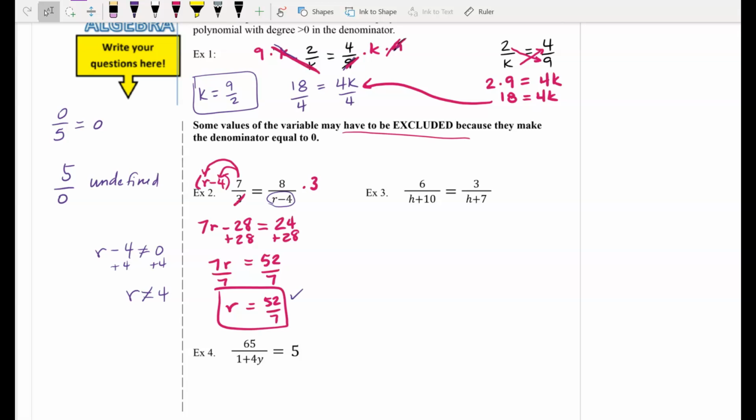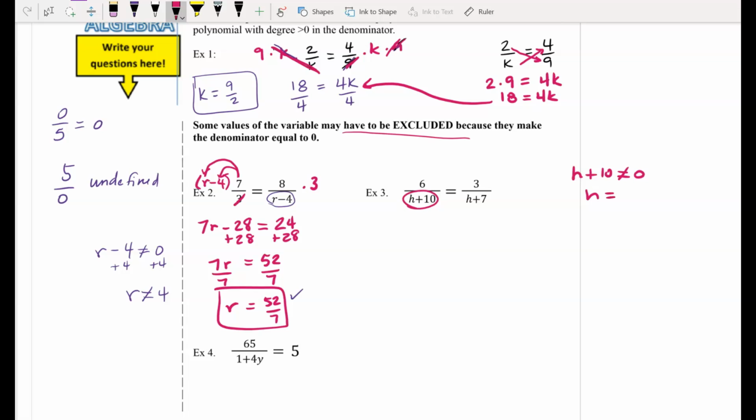In example 3, we have 2 rational expressions, so we have to check both of them for excluded values. You can check for excluded values before you start solving, or you can check them later. Let's go ahead and check to see what would make this first denominator equal to 0. In other words, let's say that h plus 10 cannot equal 0.